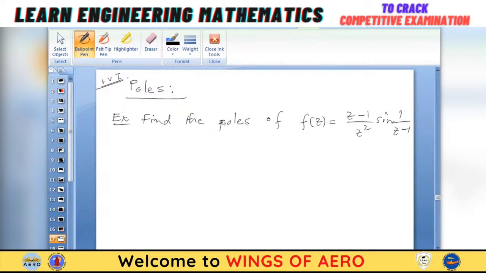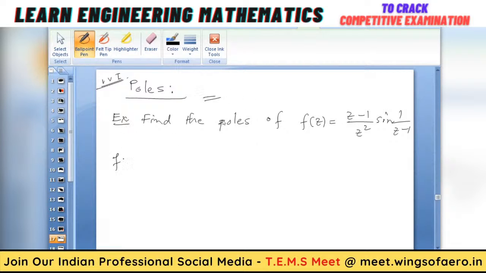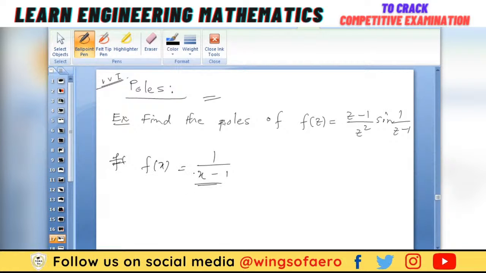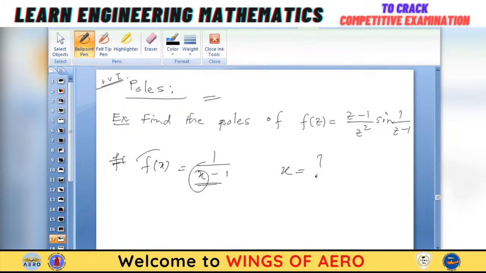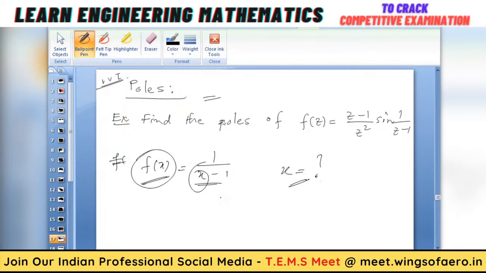Pole means, remember, suppose a function f(x) is given to you. I am giving you f(x) equal to 1 by (x minus 1). Can you tell me what is the value of x for which this function f(x) doesn't exist? Write down in the chat box. Yes, only one.